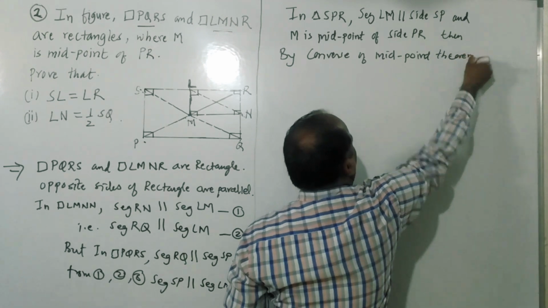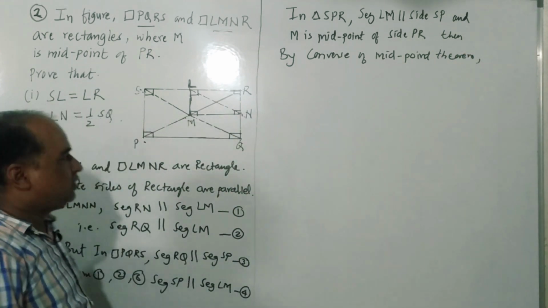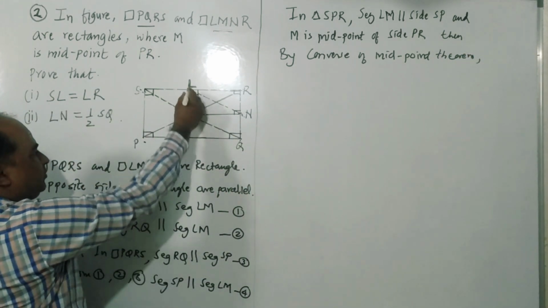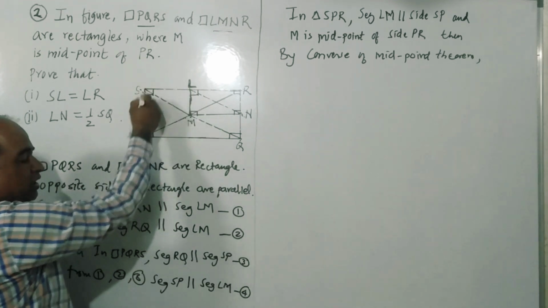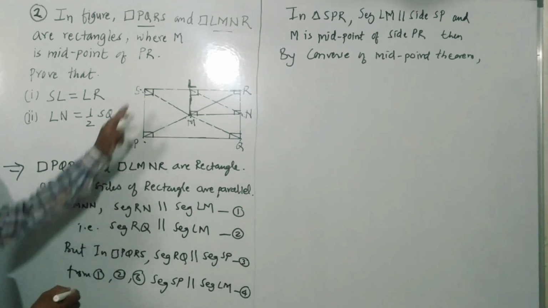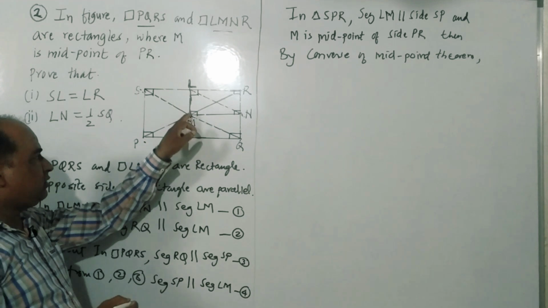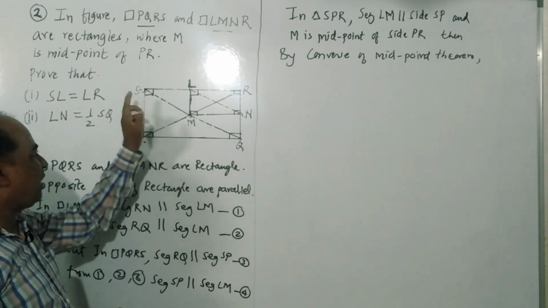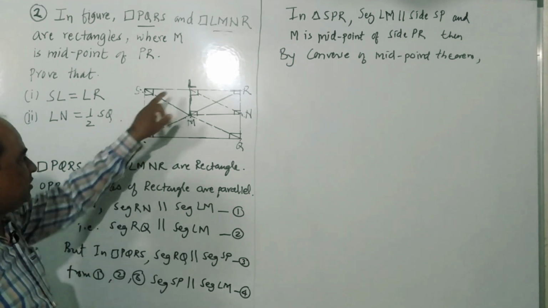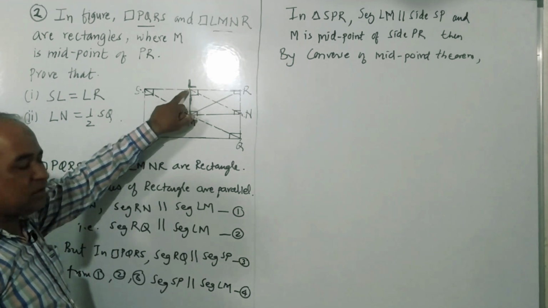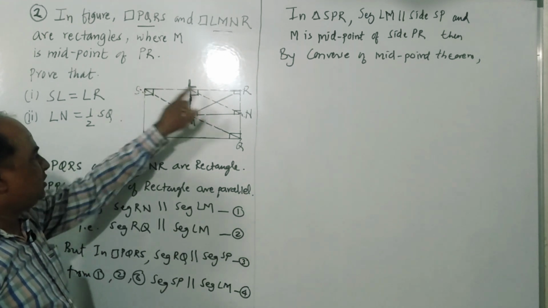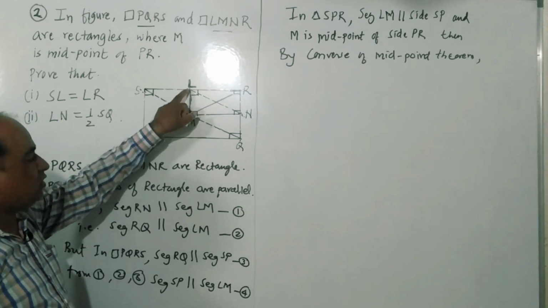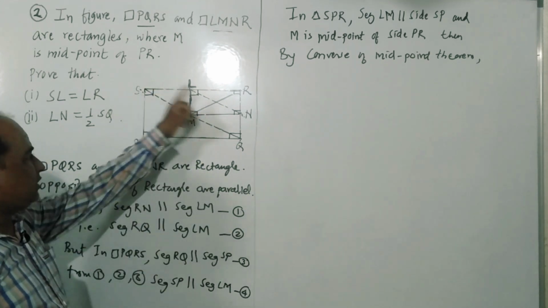So converse of midpoint theorem tells us when LM is parallel to SP, to one side of a triangle, then a segment joining the midpoint of one side of the triangle parallel to the third side, then the other point on the second side of the triangle is also the midpoint of the other side.